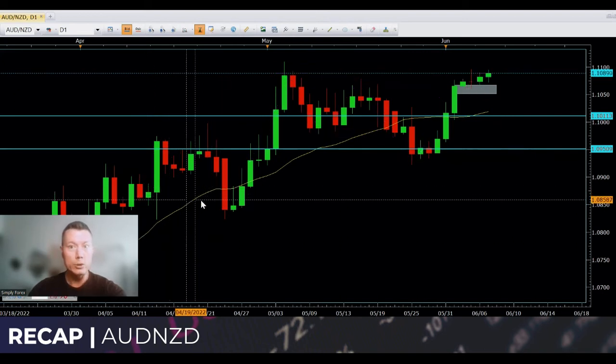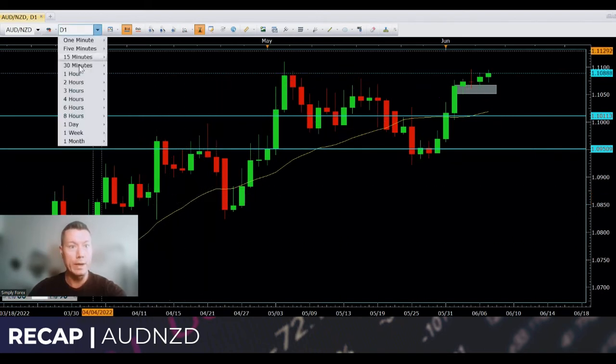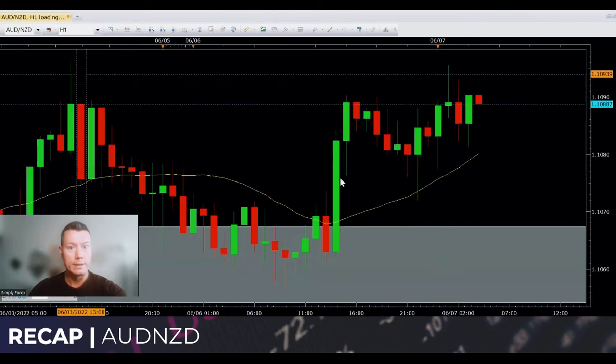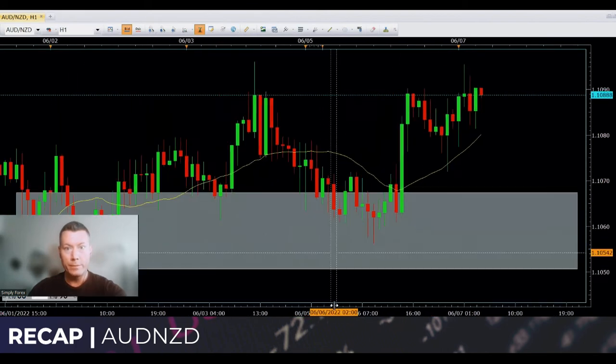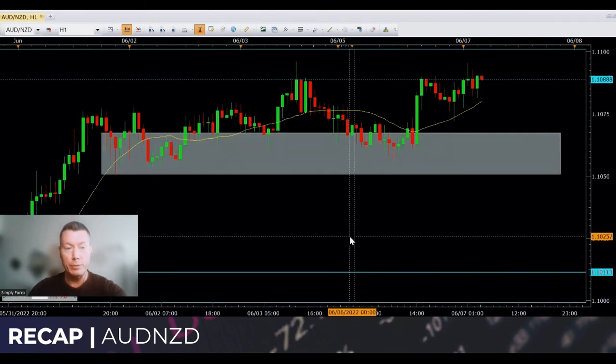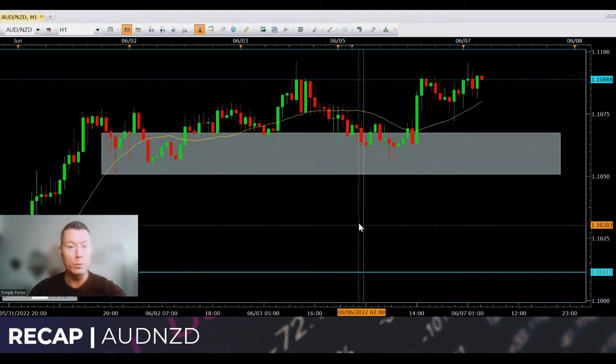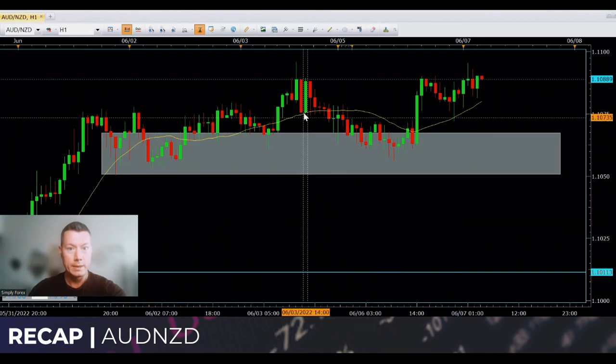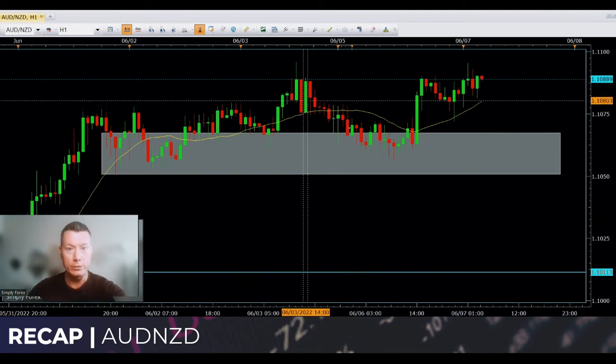Okay, let's look at H1 now, guys, to see if we could get in on this trade. So for me, guys, as I expressed throughout the day as well, I wanted to see a H1 structure break. Okay, so the idea was for price to come down, break all of these lows, come back up, retest, and then shoot back down to one of our higher time frame targets.